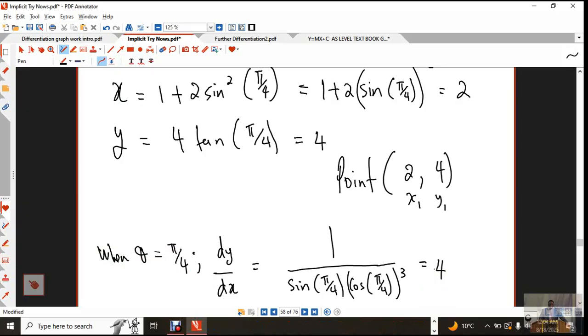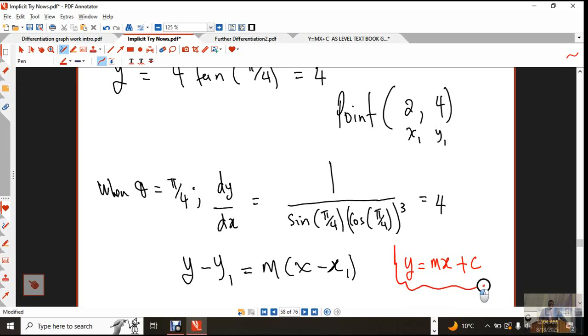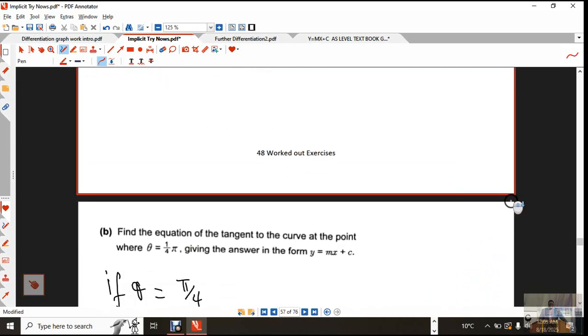And if that is the case, I have my point and I have my gradient. I can now write my equation of the tangent, which is y minus y sub 1 is equal to m bracket x minus x sub 1. And they want it in the form y equals mx plus c. They actually gave us that information.